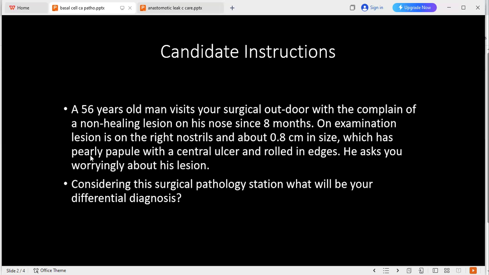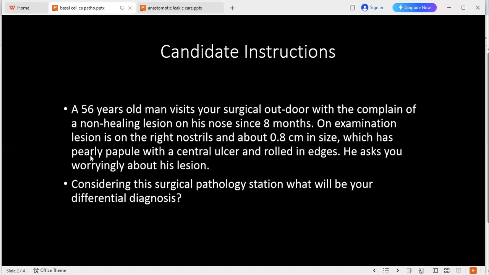The differences are in their origin. Basal cell carcinoma is from the basal layer of the epidermis, and squamous cell from the superficial layer.